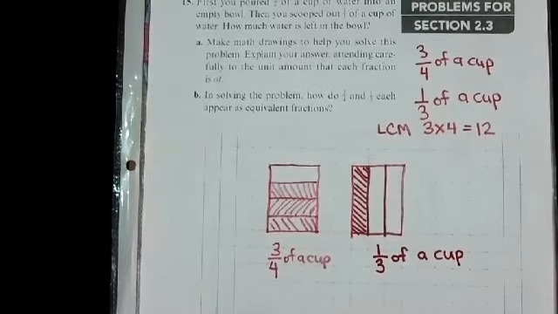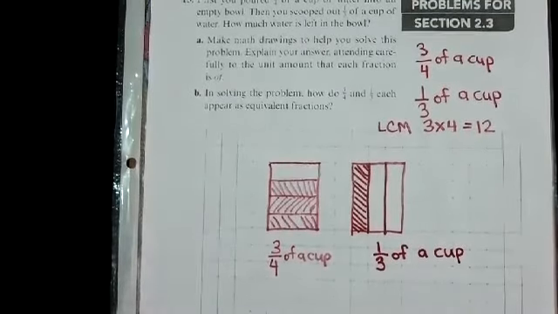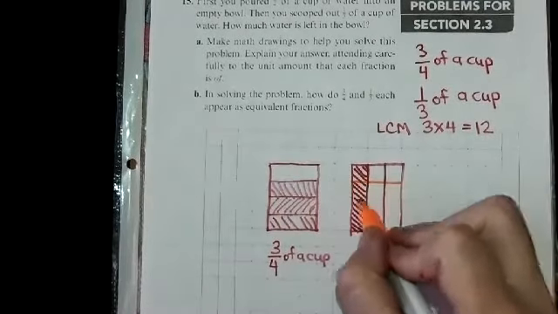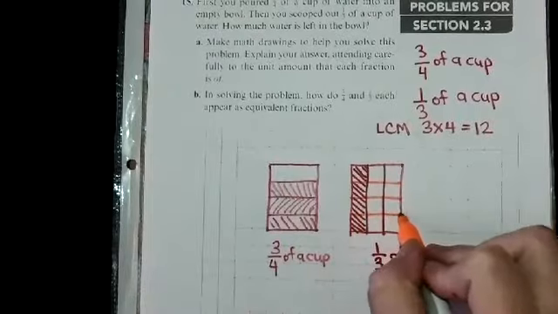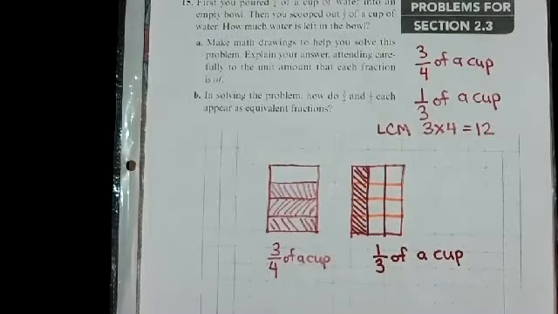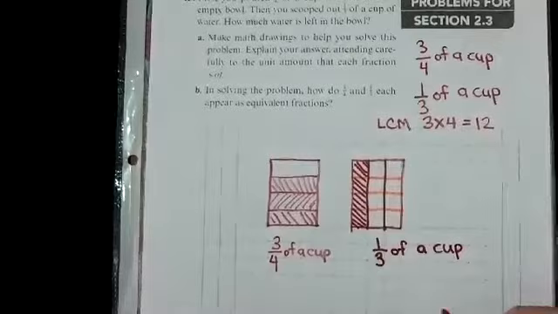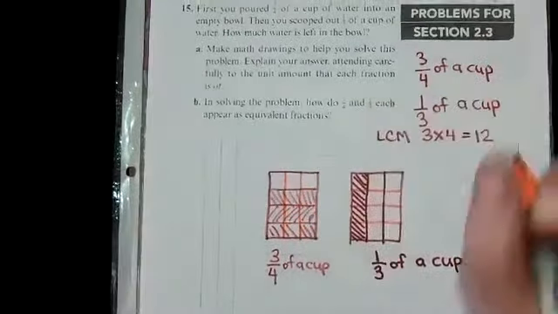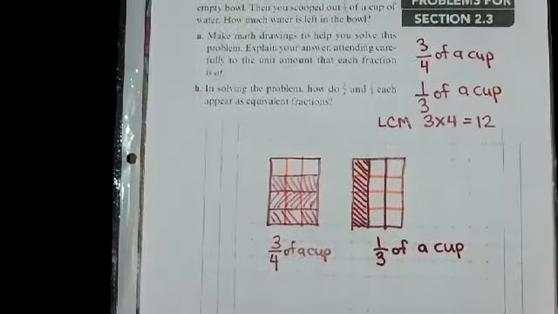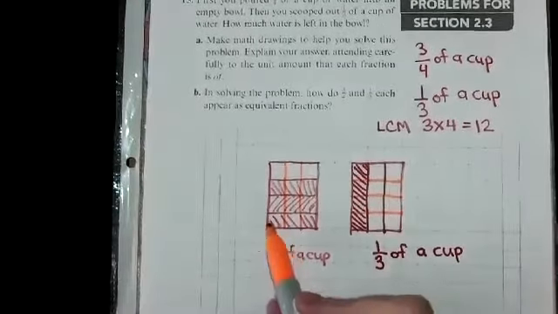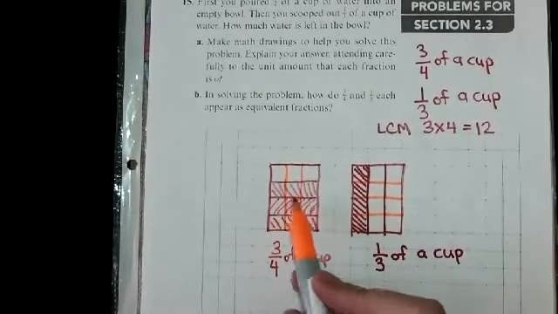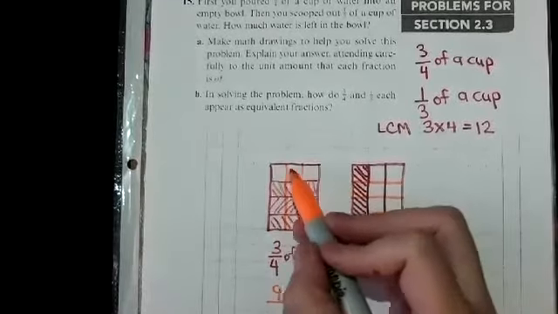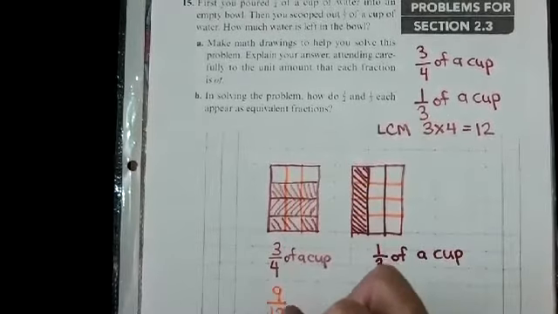Now, one thing we're going to do is take the cut marks of the first image and put them onto the second, and take the cut marks from the second image and put them onto the first. And what we see as a result is now we have 1, 2, 3, 4, 5, 6, 7, 8, 9 out of 10, 11, 12 shaded.